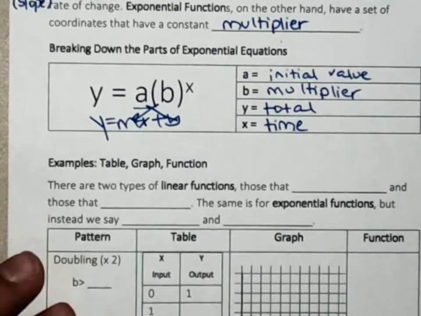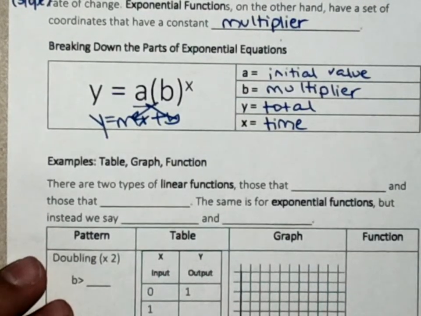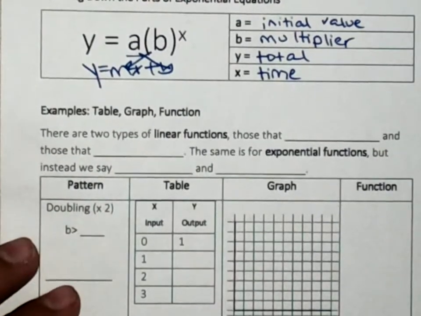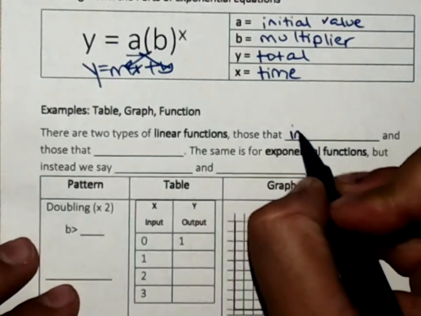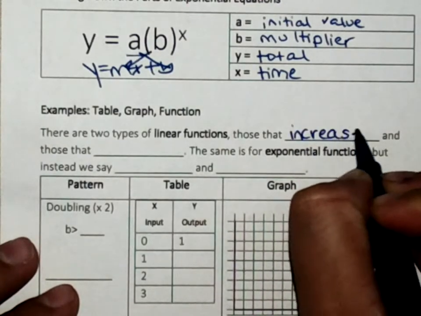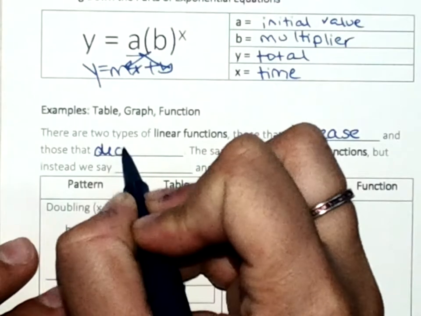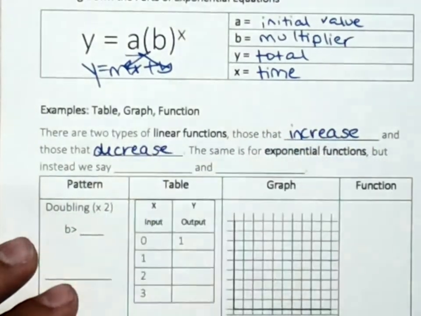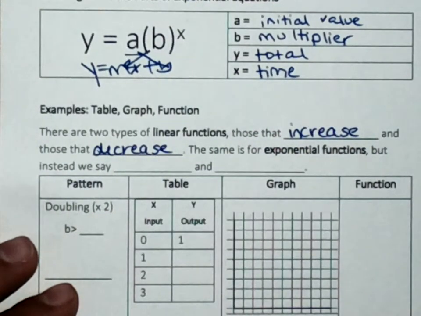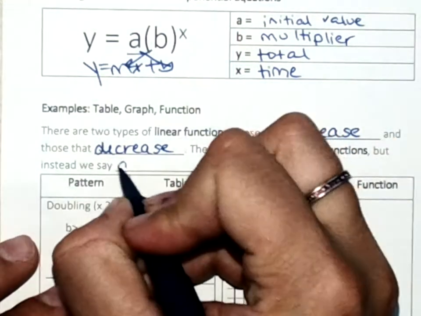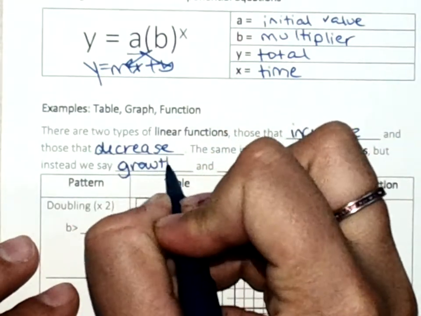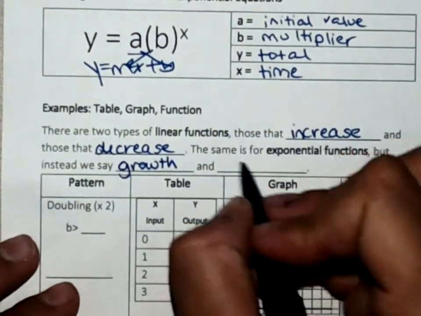So examples, tables, graphs, and functions. There are two types of linear functions, those that increase and those that decrease. The same is true for exponential functions, but instead we say growth, which is the same as increase, and decay.